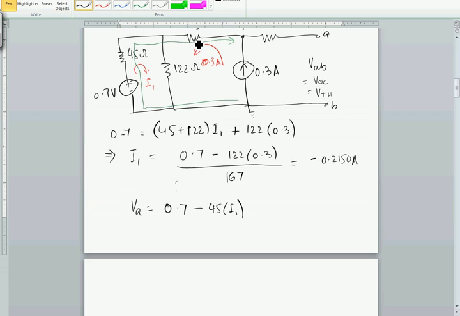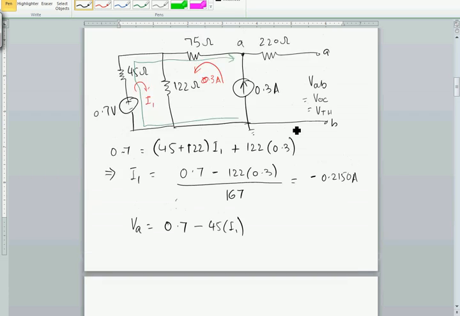And then when we move through the 75 ohm resistance, since the 0.3 ampere current is in the direction opposite of the direction in which we are going, this point has more potential and this point has less potential. So when we cross the 75 ohm resistor and get to this point, we would have gained some voltage. So plus 75 times 0.3, that will be our VA, which is V open circuit.